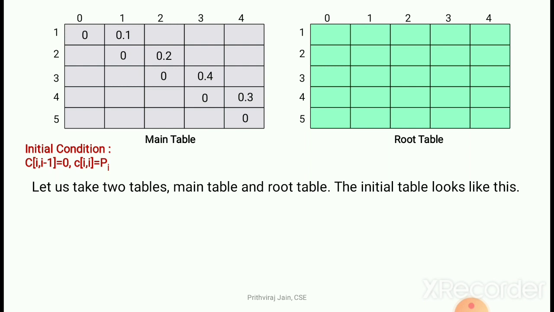We are filling p1, p2, p3 and p4 values, which are already given in the question. 0.1 is for the first key, 0.2 is for the second key, 0.4 is for the third key, and 0.3 is for the fourth key. So this is the initial table, and based on the given values we have already filled both tables.